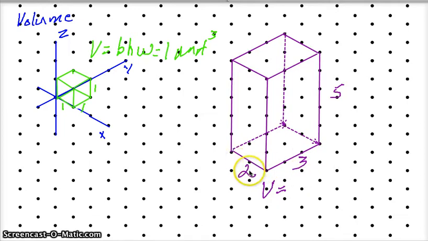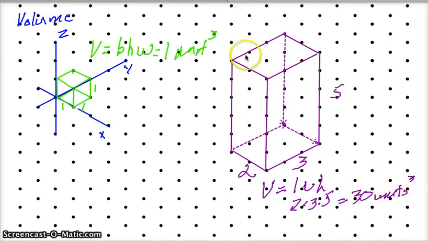Let's call this right here the length, width, and height. So we'll make that 2 times 3 times 5, and that's got to equal what? 30, right? 15, 30. Okay, it's going to equal 30 units cubed.